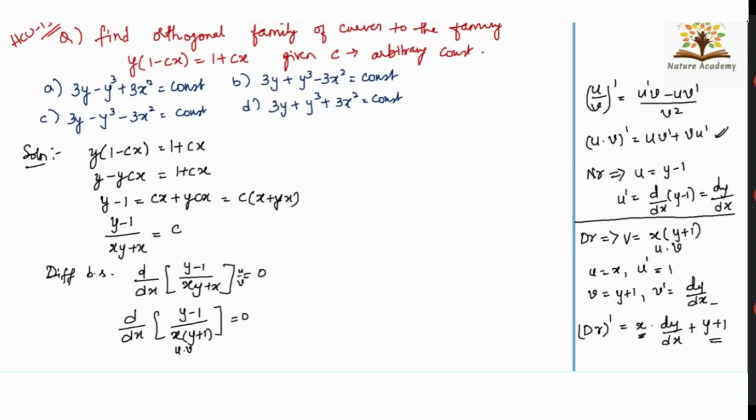Again v dash is dy by dx. So this is in the form u into v dash plus v into u dash, okay. So this is how I get it for the denominator. Now I can use the u by v whole dash formula easily. See, I will do it here.